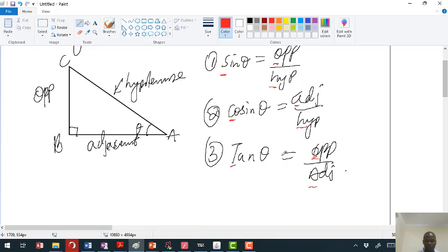The first one forms for me a memorizable word: S O H. Remember, sine is equal to opposite over hypotenuse, and then C A H, that means cosine, adjacent over hypotenuse, and then T O A. SOHCAHTOA. This one can easily help you once you have already made the reference of your triangle.